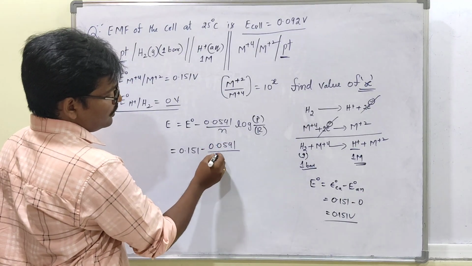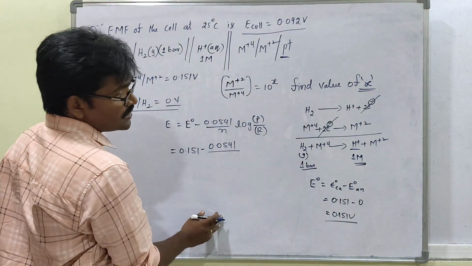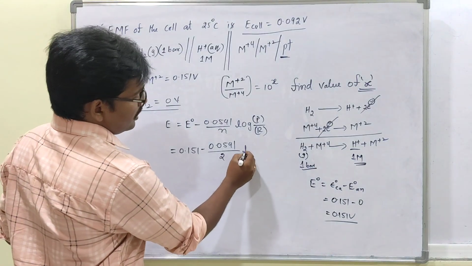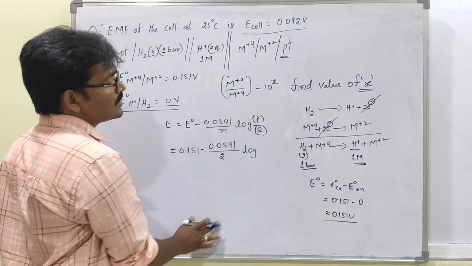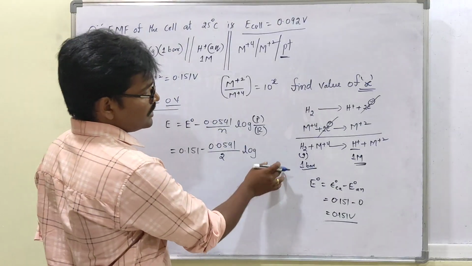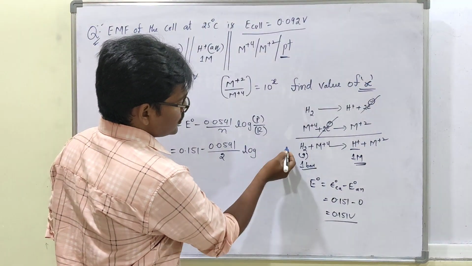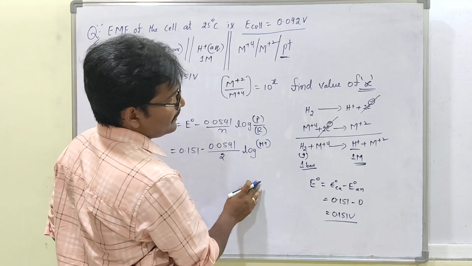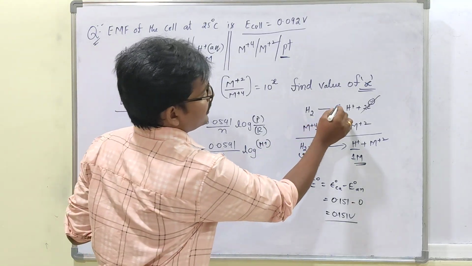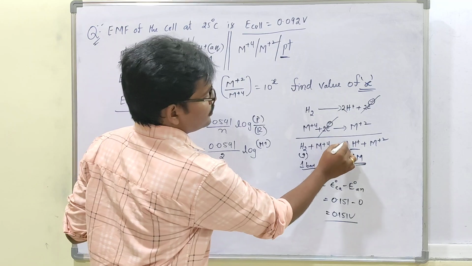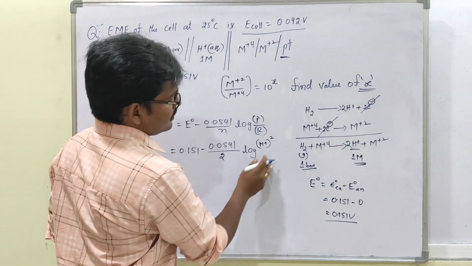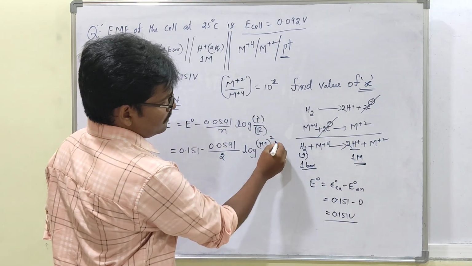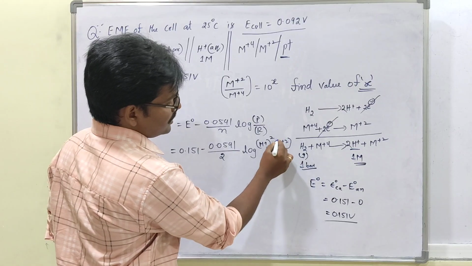0.0591 divided by n. Number of electrons are how many, sir? 2 electrons. Then log, so look at the concentrations, what will be the product concentration? So first products are what? H plus ion concentration. Here you have to remember 2H plus, so power 2, then one more product, M plus 2 concentration, right?